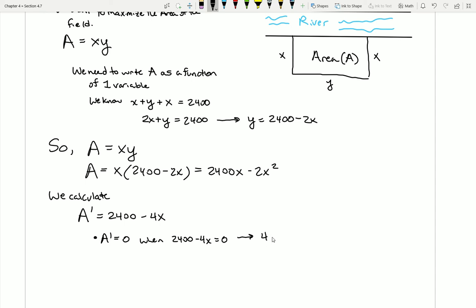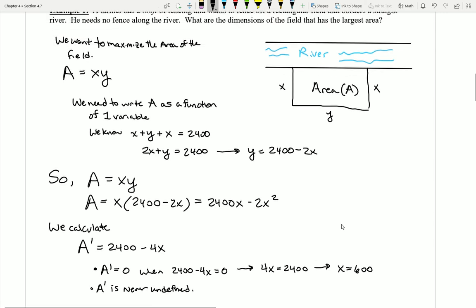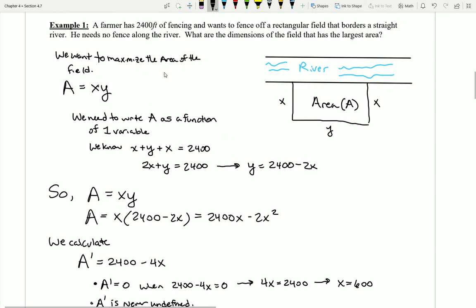Of course, that's whenever 4x is the same thing as 2400, and that's the same as when x is going to be 600. Okay, I can also see here that A prime is never undefined. Okay, great. So I found all of the important critical values. Ooh, and notice, this is the only critical value. Hopefully it corresponds to a maximum.